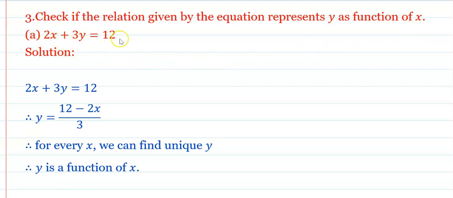First is 2x plus 3y is equal to 12. We can write it like this: 3y is equal to 12 minus 2x, and therefore y is equal to (12 minus 2x) upon 3.